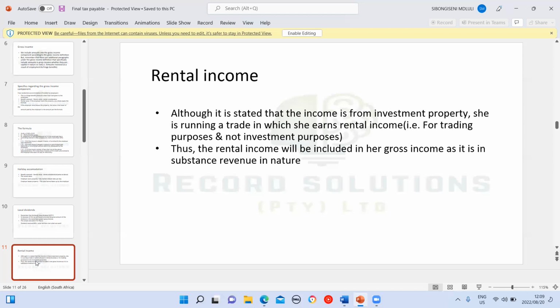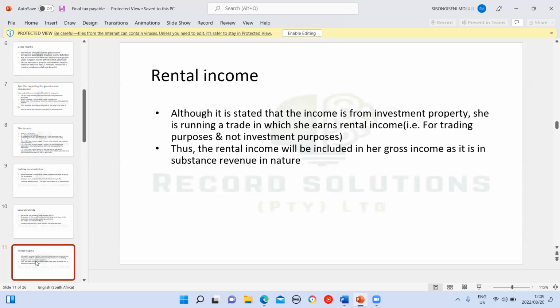But since the person is earning rental income from the property, the person is regarded as carrying on a trade, and as a result it will be revenue in nature, as the person in substance is carrying on a trade with the investment property.